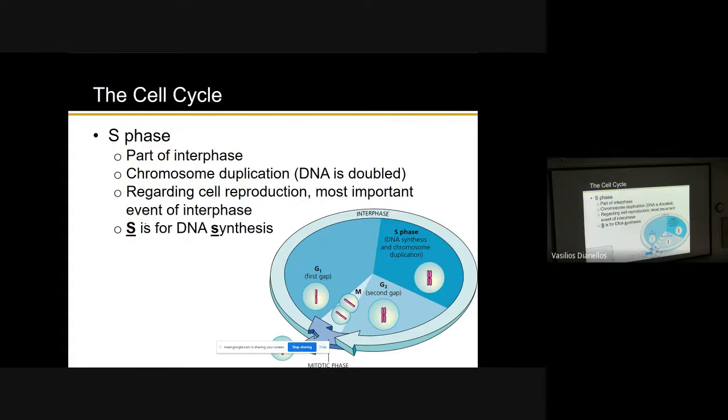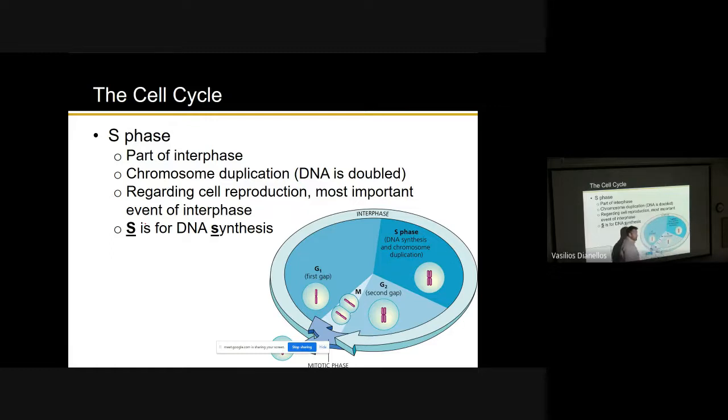All right, like I mentioned, a 24-hour period could be broken down into daytime and nighttime. And even that could be subcategorized, right? The same thing with the cell cycle. The cell cycle overall is broken down into interphase and mitotic phase. And again, overall, we are talking about interphase. But now we are breaking interphase down into its smaller components. We're not going to do it chronologically, because chronologically we would talk about G1 and then S phase and then G2.